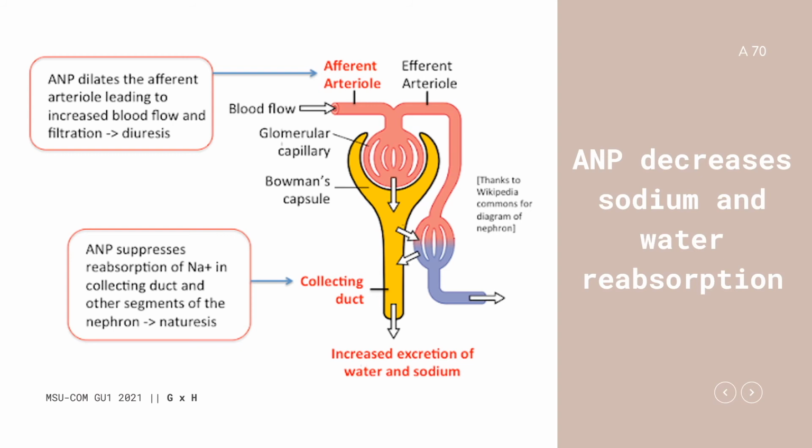It also inhibits renin secretion and therefore inhibits angiotensin II formation, therefore furthering the reduction on renal tubular reabsorption of sodium and water. This then promotes excretion of sodium, aka natriuresis, and subsequent excretion of water as well, because water goes where sodium follows.